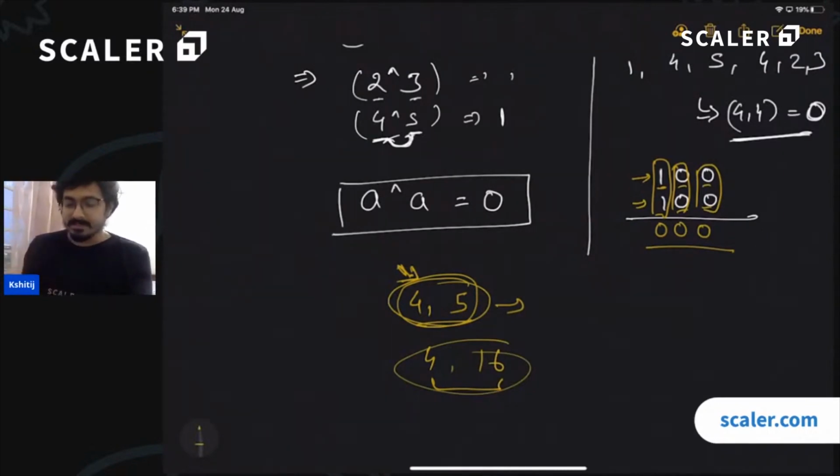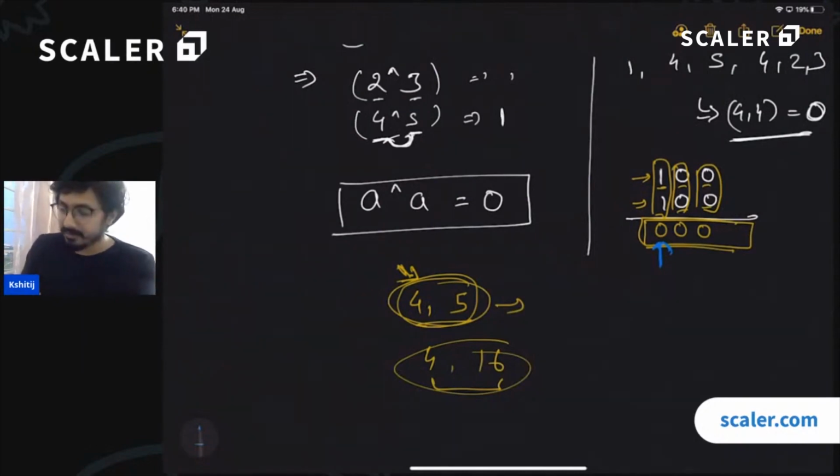Okay, now can I also say that since I want a value which is smaller in magnitude, the most significant digit always decides what is going to be the actual value, right? Because the most significant bit is the one that decides whether the value is going to be larger or smaller than the other value.